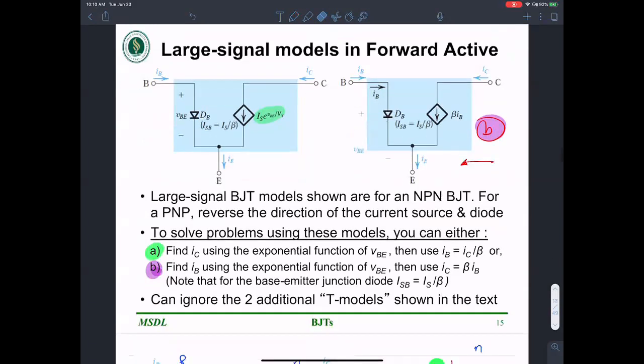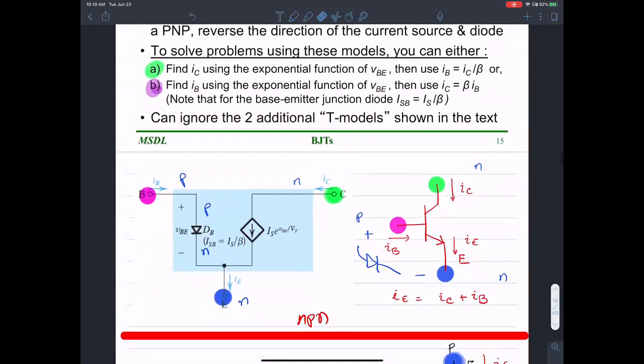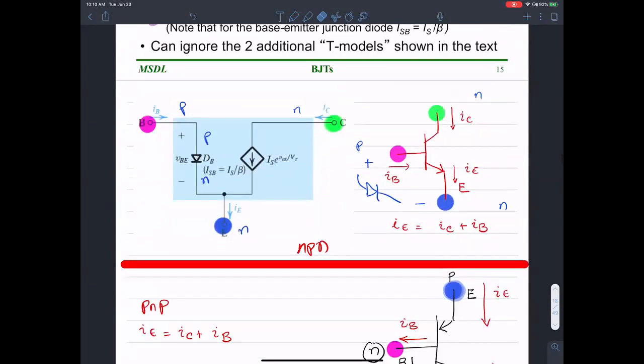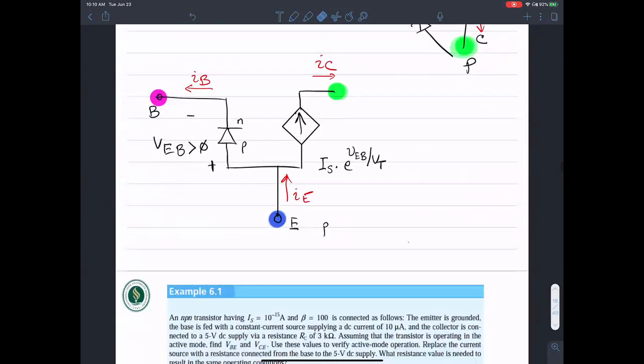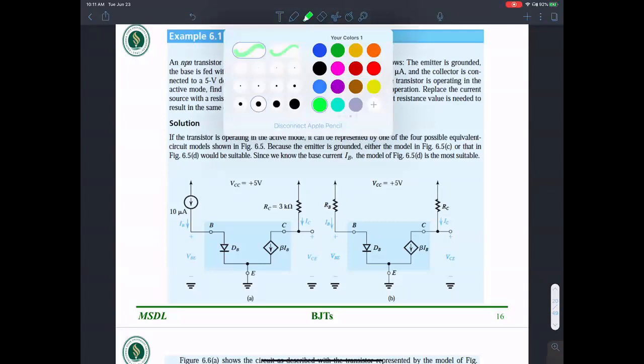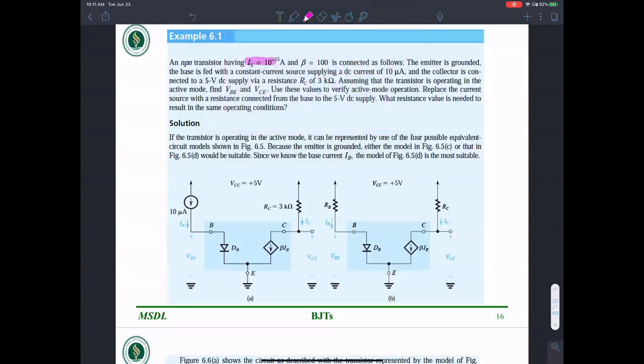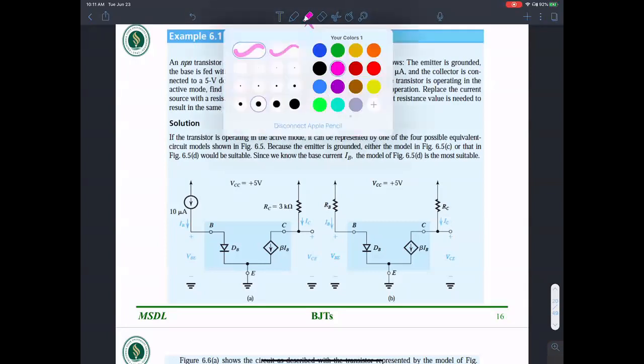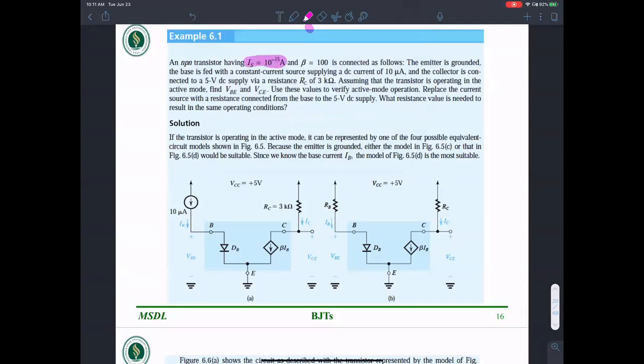All right, so we apply the general procedure to start looking at some problems. Let's start by looking at the example problem where IS is given to be some value, and beta is also given.